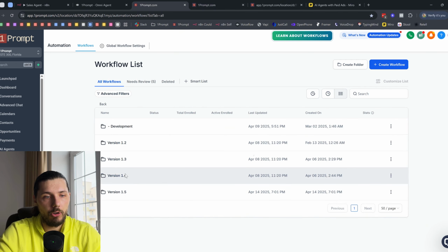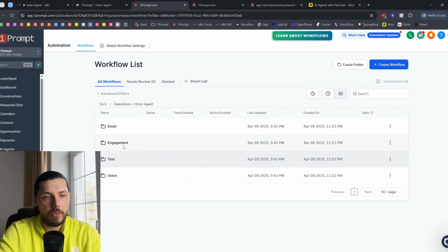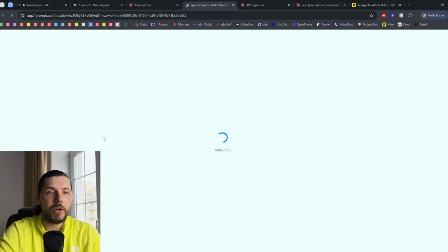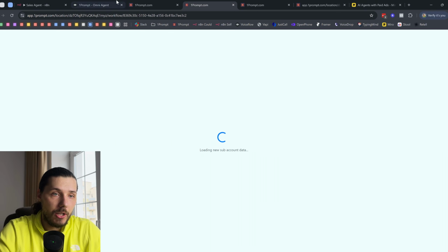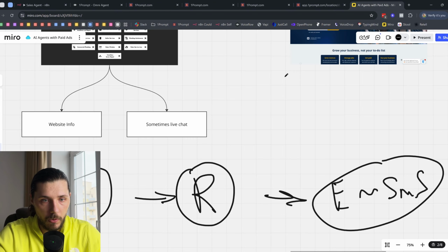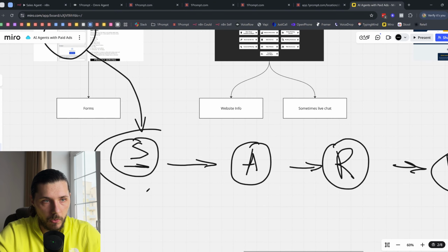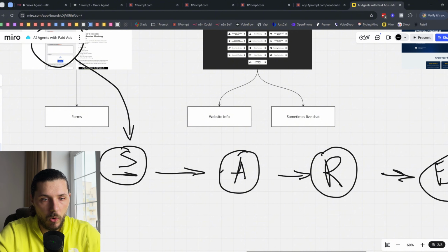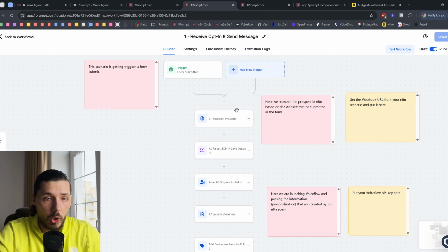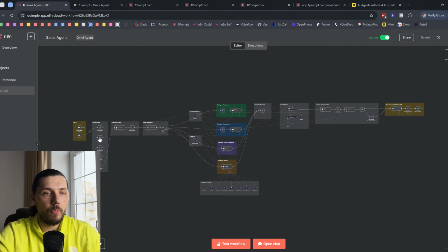Let me actually show you the automation for the engagement when we are sending the message first. So when the form is received, right? There is a system, you are getting the form in. What you do, you're providing this form, see, form submitted, you're providing this form to the agent. So you're providing it here through the HTTP request.